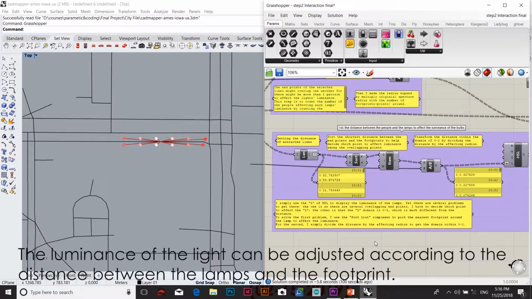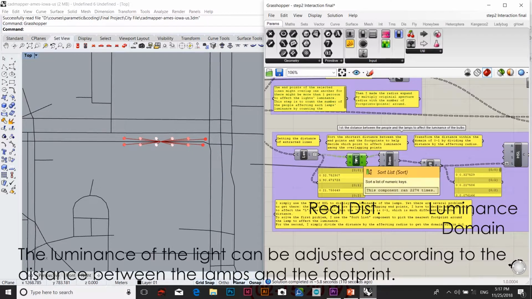The first is that the luminance of the light can be adjusted according to the distance between the lamps and the footprints. I made this by connecting the lines between footprints and the physical lamps, calculating the distance and converting the distance to a domain between 0 and 1 to decide the luminance. And when there is more than one footprint near a lamp, the luminance of the lamp will be decided by the closest footprint to the lamp.